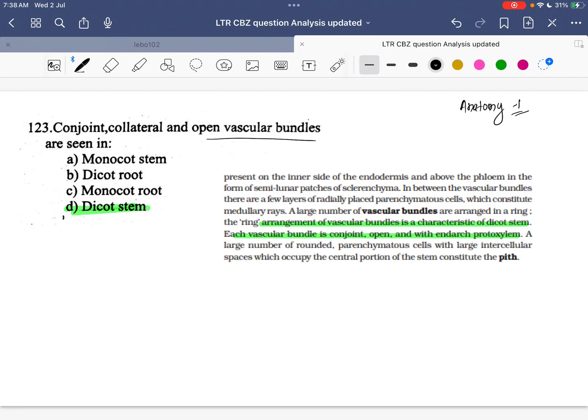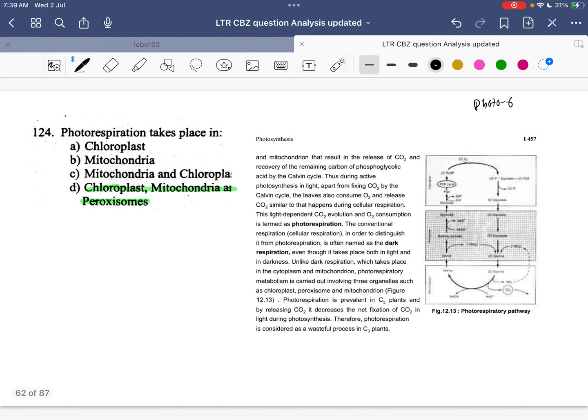Conjoined, collateral, open vascular bundles are seen in the dicot stem. Direct question, see here. The arrangement of vascular bundles as characteristic of the dicot stem: each vascular bundle is conjoined, open, and endarch protoxylem. So dicot stem will be the answer.